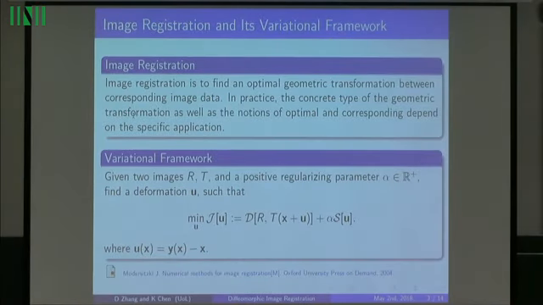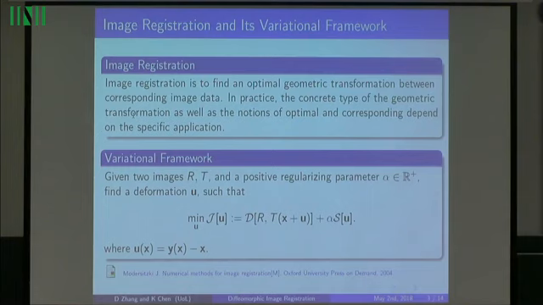Image registration is to find an optimal geometric transformation between corresponding data. It has wide application in medical imaging, computer vision, and remote sensing. According to this definition, we can build its variational framework. Firstly, we give 2 images: one is called the reference, and the other is called the template.